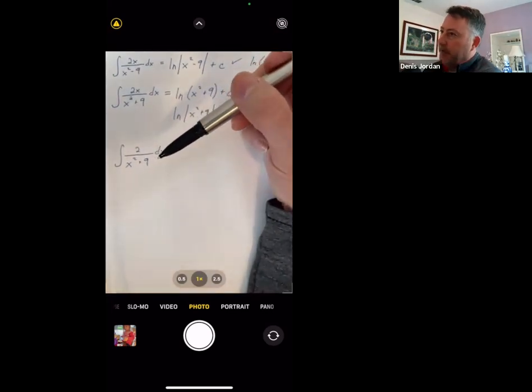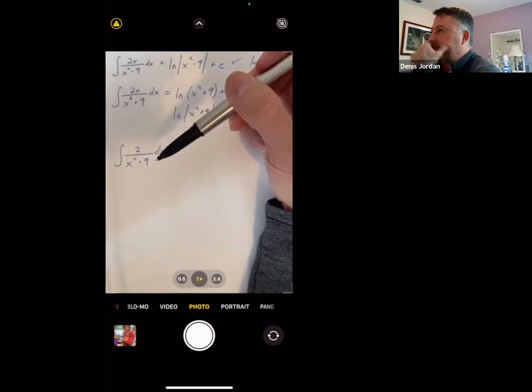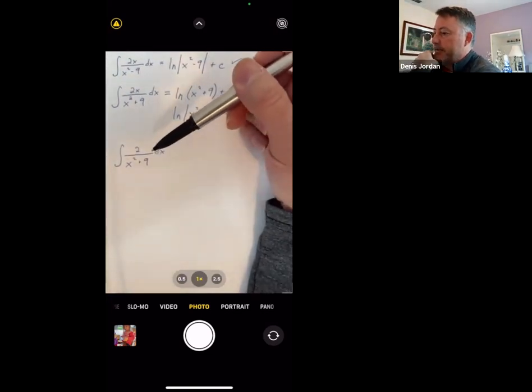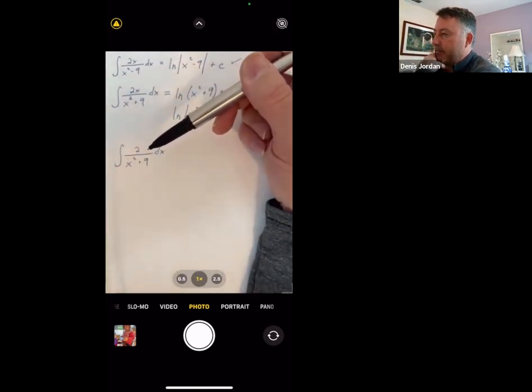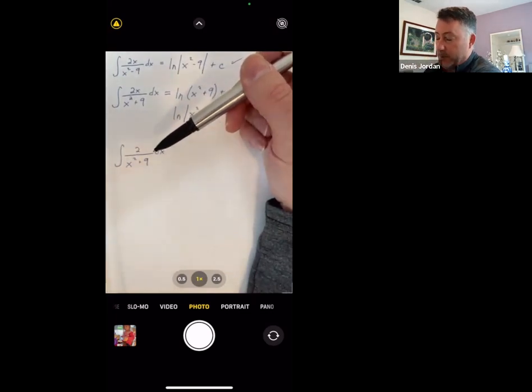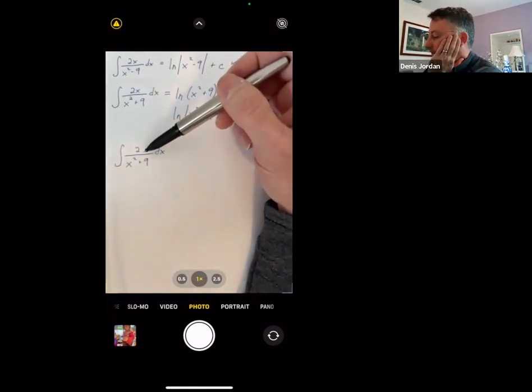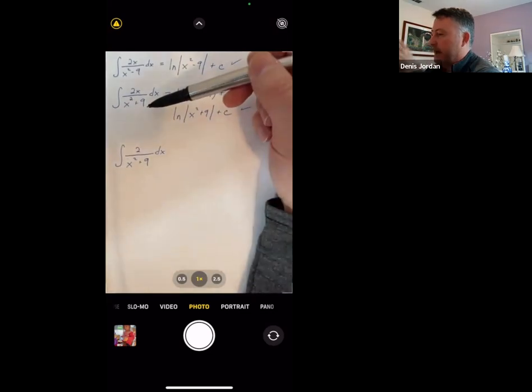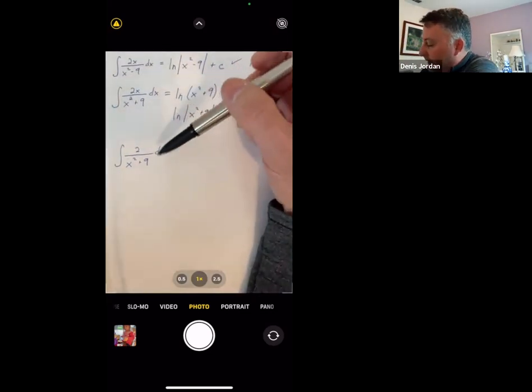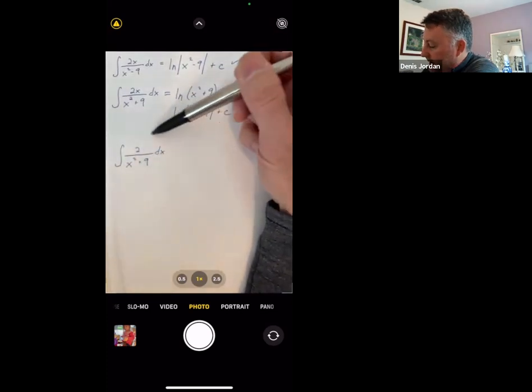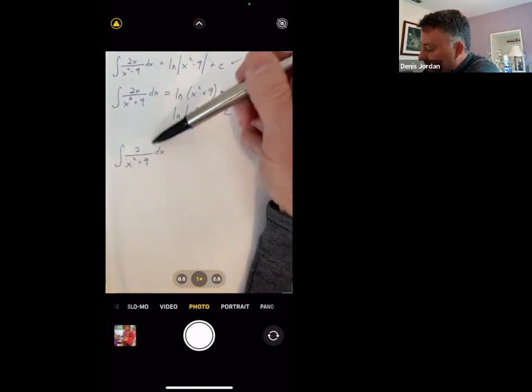If you're missing the variable from something, chances are it's not the formula you're trying to make work. So for the ln's, you need to be off by a number, not a letter. So this one here is not an ln.